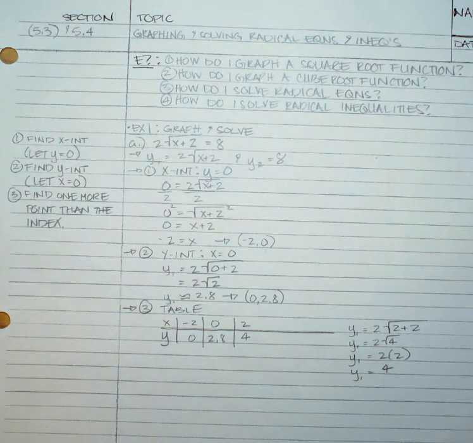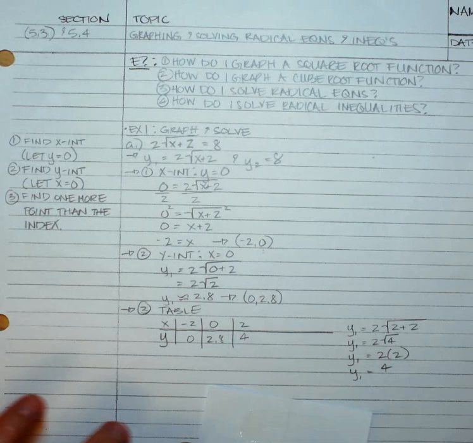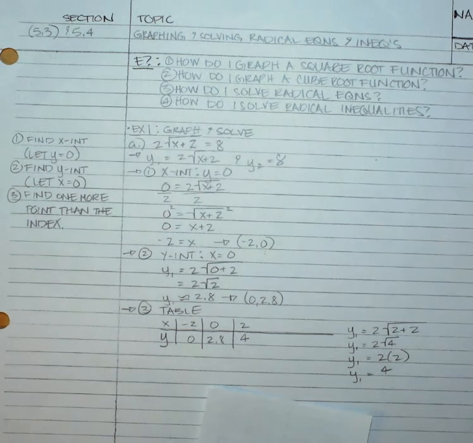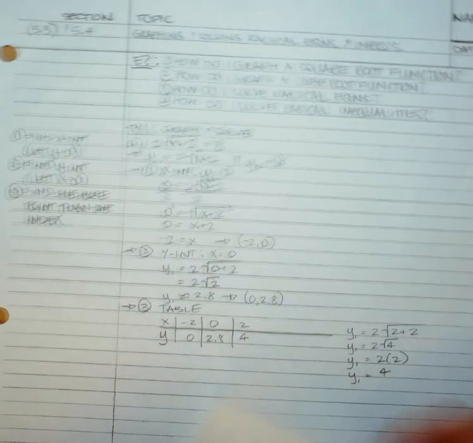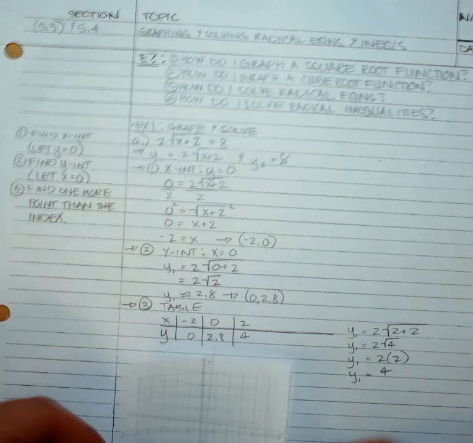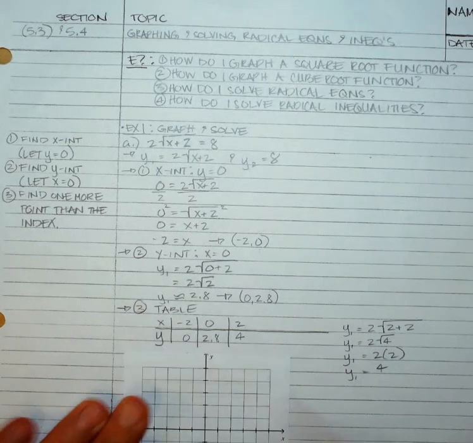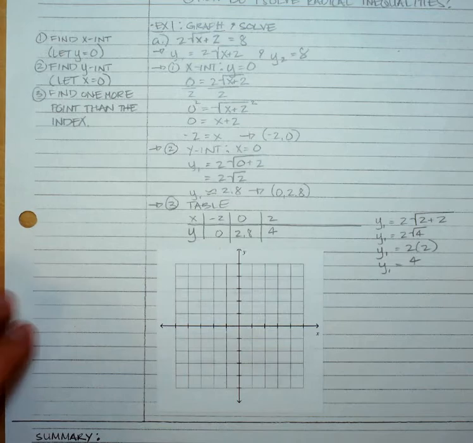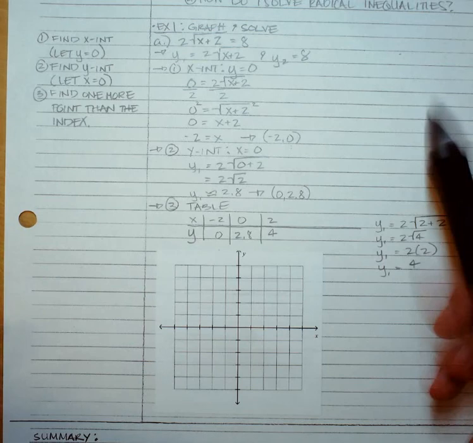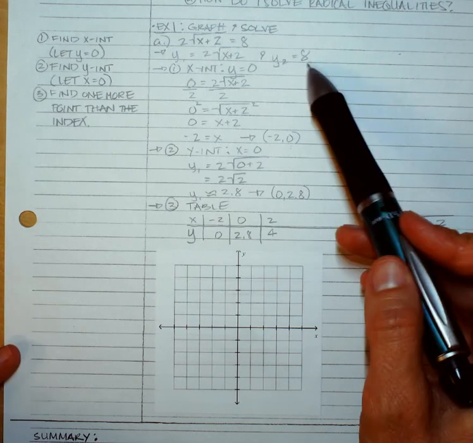Getting out our graph. We have our second function is y2 equals 8, and we need to make sure that we get up to 8.